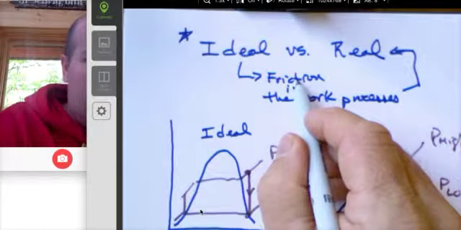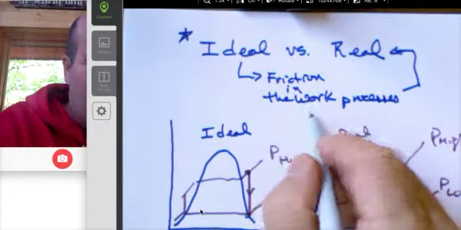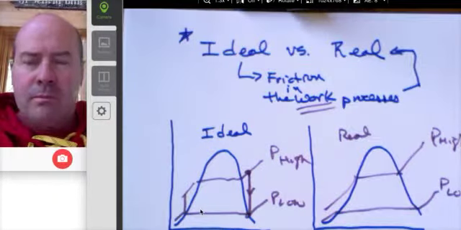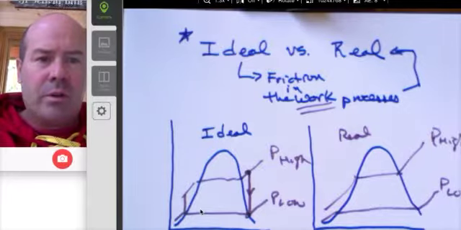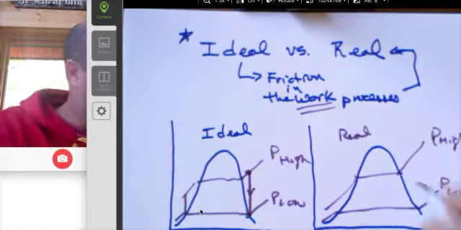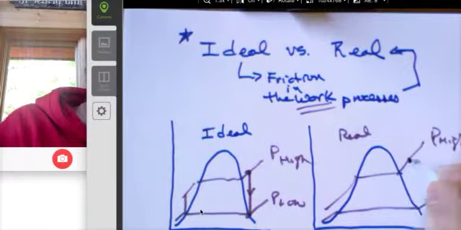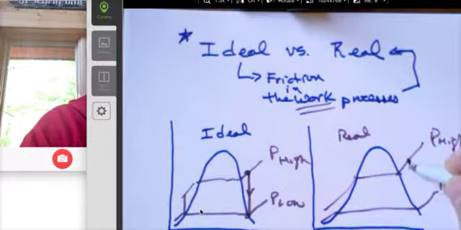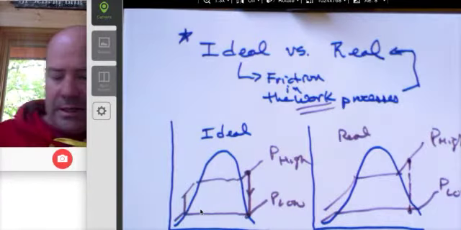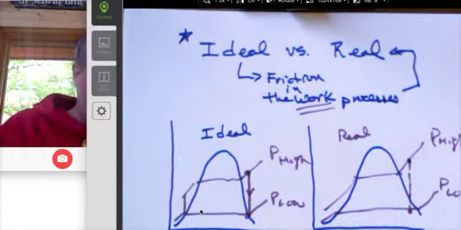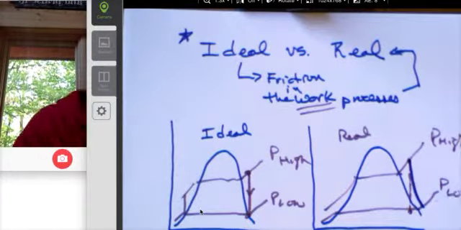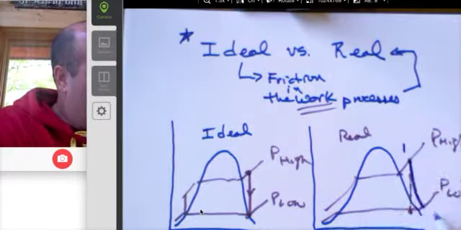Well, in the turbine and the pump, those are the work processes, there is friction, so that causes the entropy to go up. So if I start right here, straight below that would be the ideal point, but we are not in an ideal, we are in a real, so point 2 actually moves over to the right.